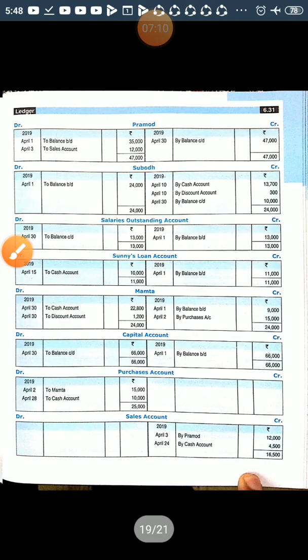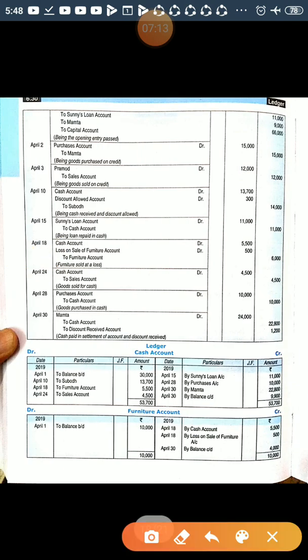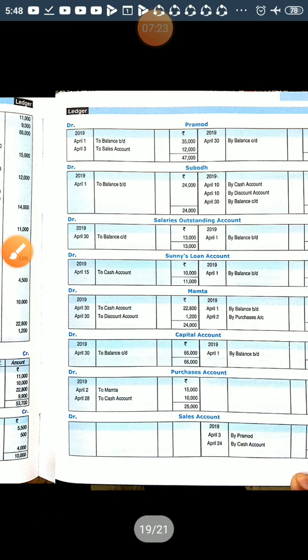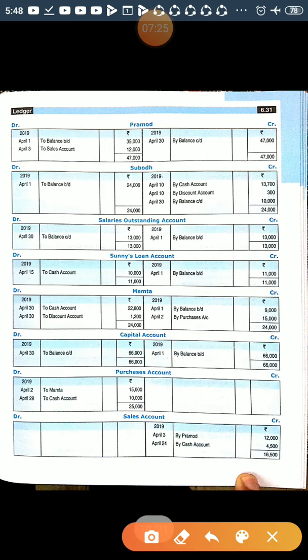The rule for posting is: purchase account was debited, so on the debit side we will enter the name of the account which was credited, here to Mamta 15,000.